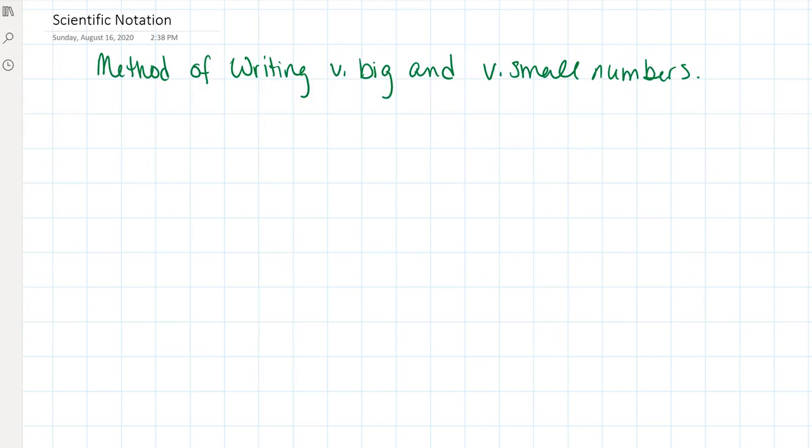We'll have three parts to this. We'll have one number in front of the decimal point, and that has to be a 1 through 9, can't be a 0.